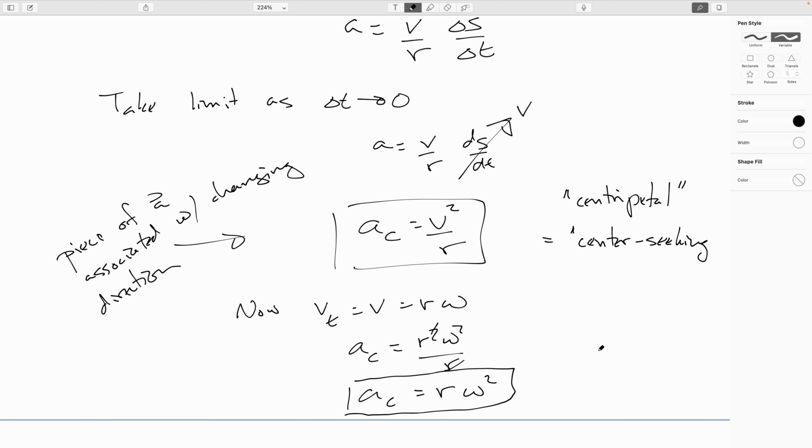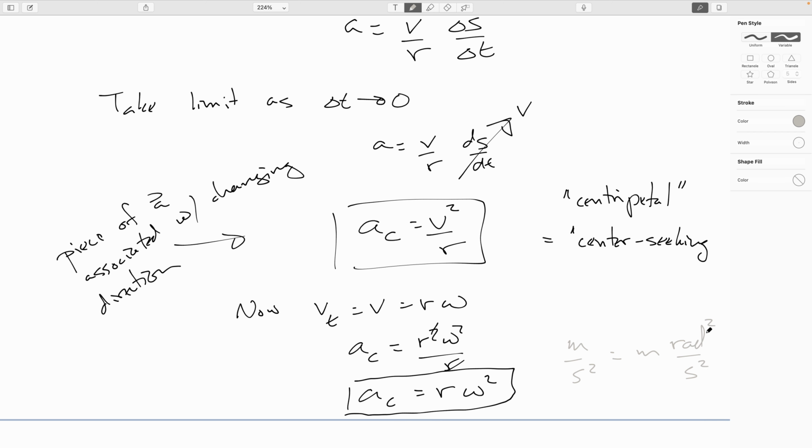And again here, just to look at units, for an acceleration, we're expecting meters per second squared. Radius is meters. This is radians per second, is our omega. But we're squaring it, so we have to square the units.